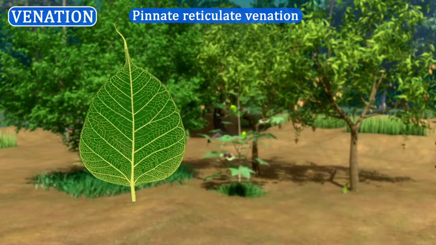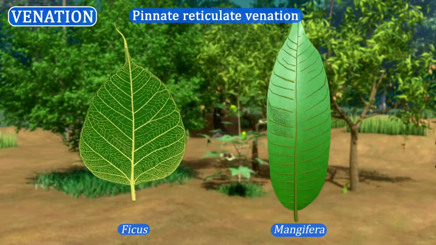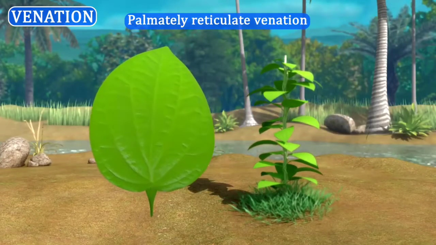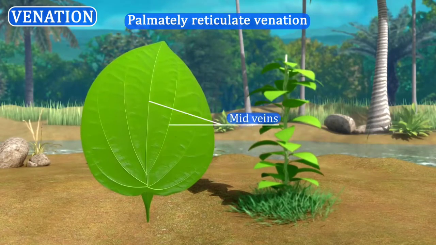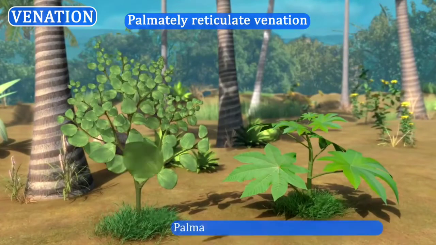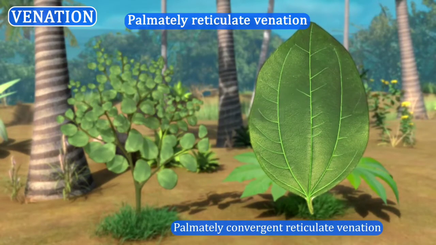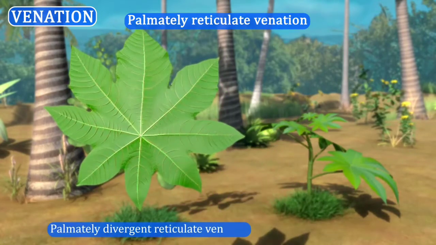This venation is seen in the leaves of Mangifera and Ficus. Palmately reticulate venation. In this venation, a leaf has two or more midveins. It is of two kinds: palmately convergent reticulate venation and palmately divergent reticulate venation.